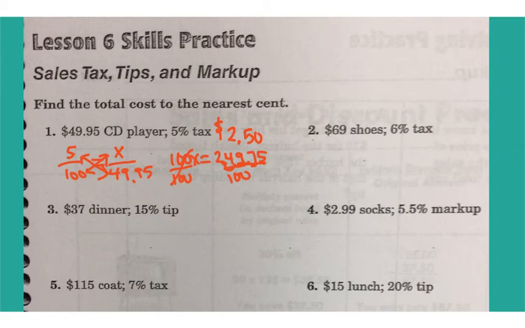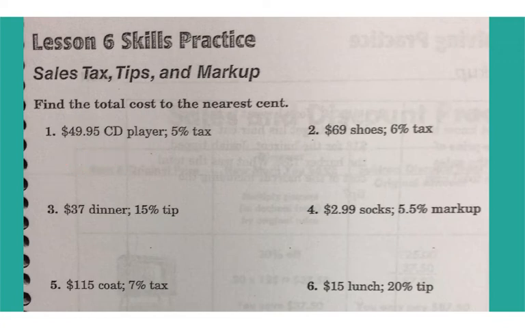Okay, I'm going to show you really quick another way to do it, and I like this way. Sometimes I'll have a calculator with me, and I'll just take 5 cents and multiply it by 49.95.